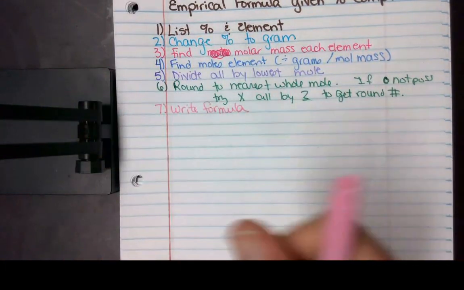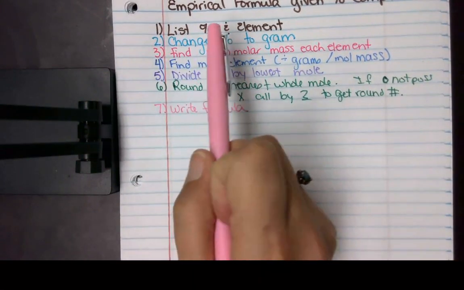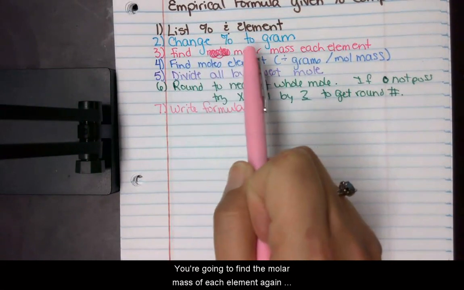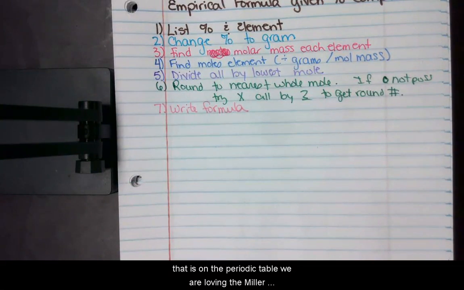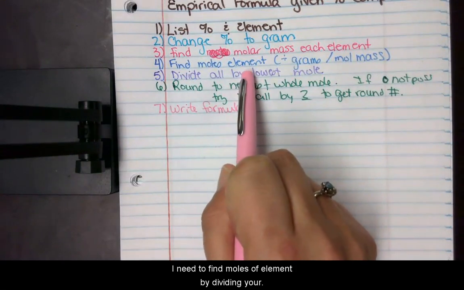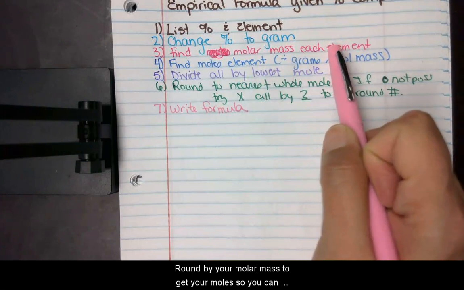I do it working in tandem, so I make my rows of each element and percent. You're going to change your percent to grams. You're going to find the molar mass of each element. Again, that is on the periodic table. We are loving the molar masses right now. You're going to find moles of each element by dividing your grams by your molar mass to get your moles.